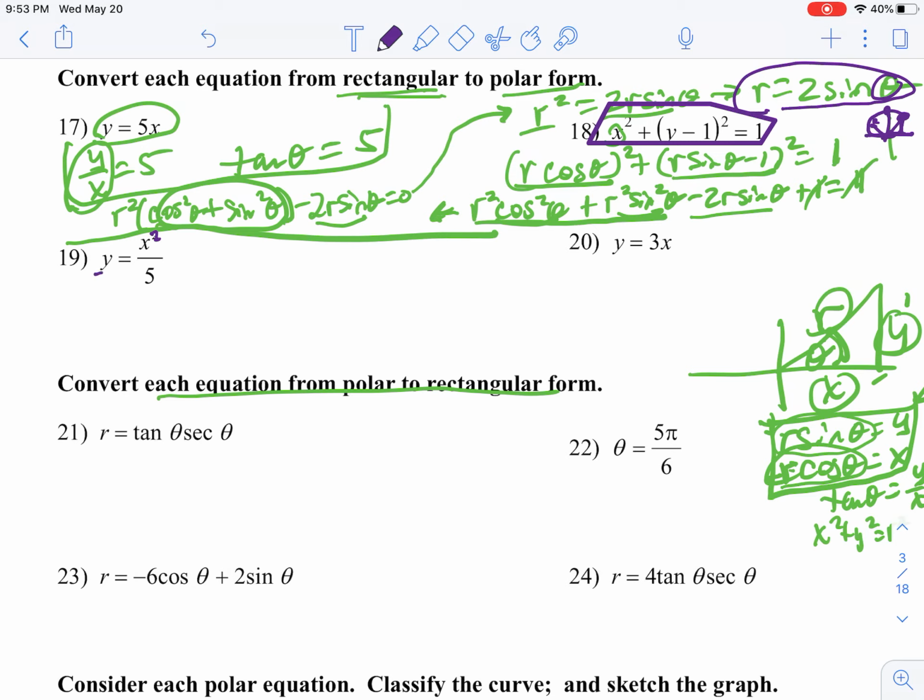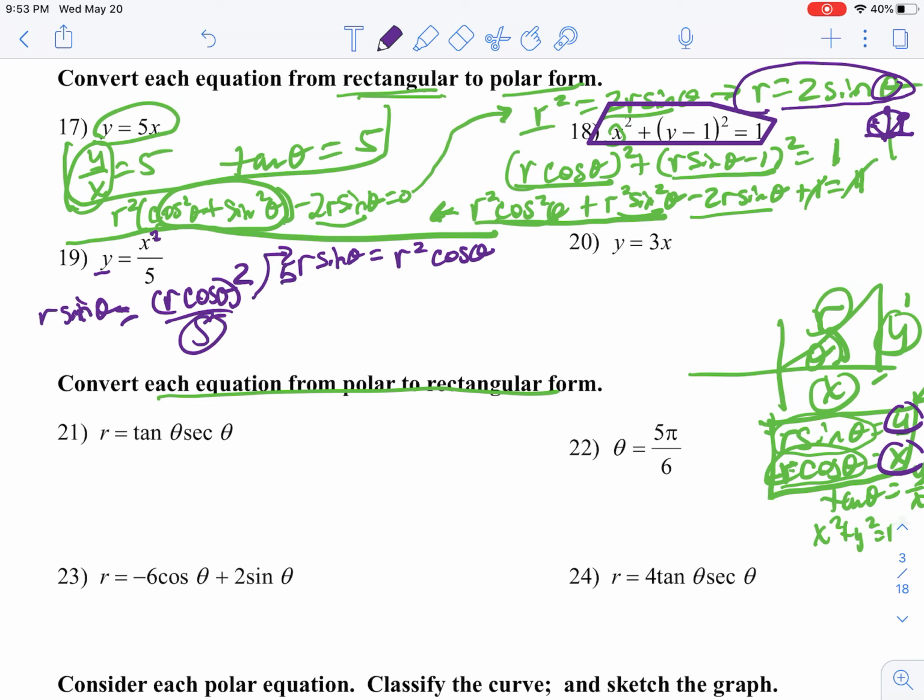All right, this one, based on our experience just a second ago, this is an x squared that makes a parabola. And for y, I'm going to put r sine theta. For x, so I have x squared over 5, and for x, I'm going to put r cosine theta. Then I'm going to work it out. So it gives me r sine theta equals r squared cosine theta over 5.